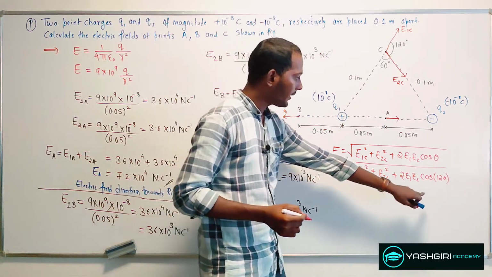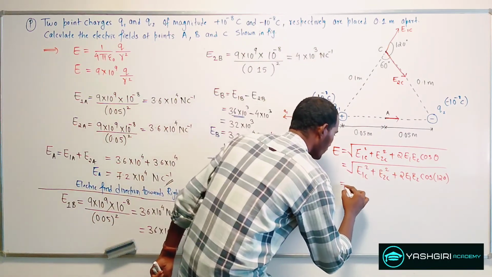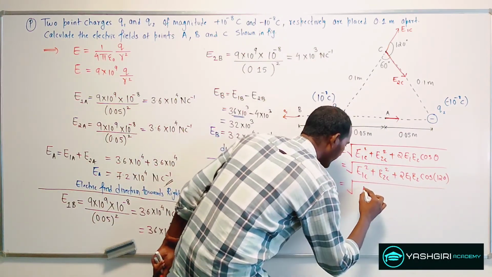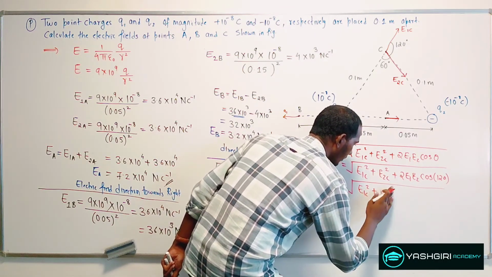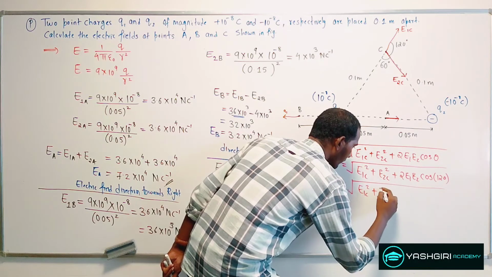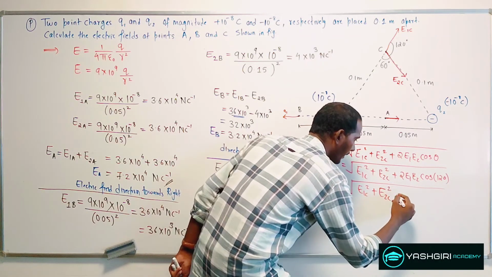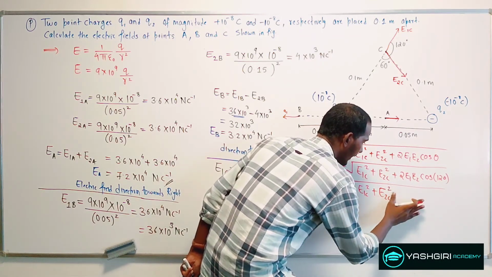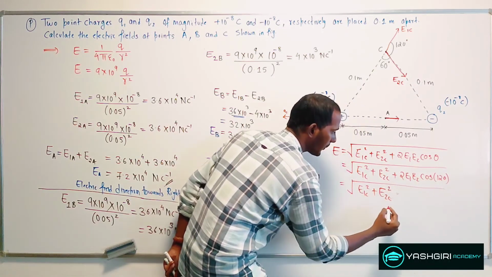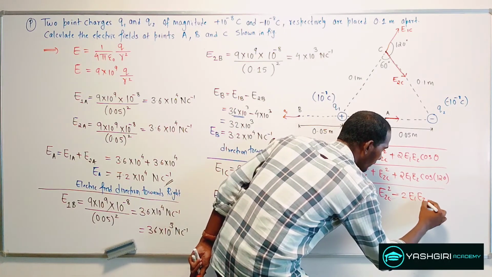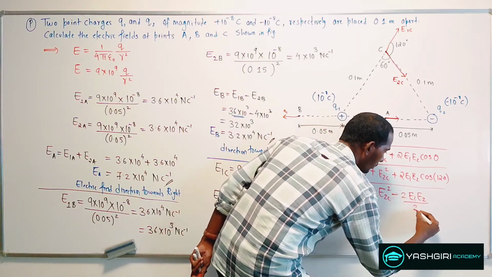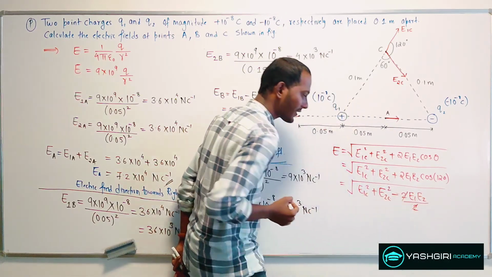And cos of 120 degrees is minus half. So that will become minus, because cos of 120 is minus half: minus 2 into E1 into E2 by 2. So that 2 gets cancelled.